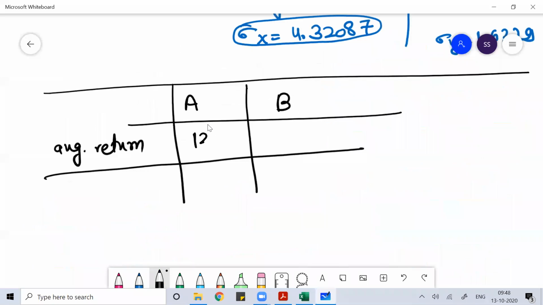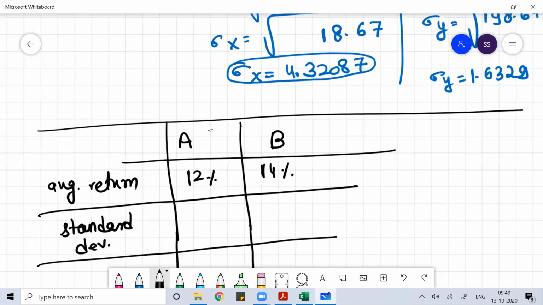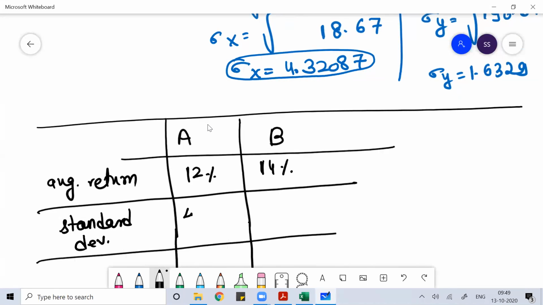The standard deviation for X is 4.32087 and for Y is 1.6329.